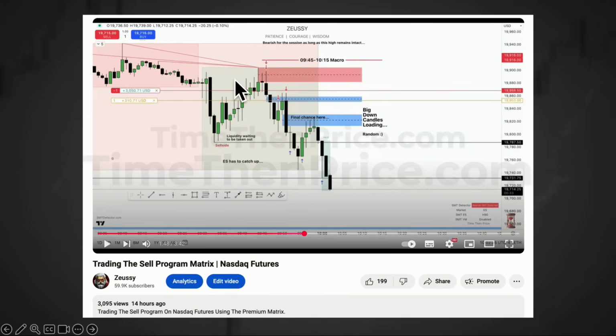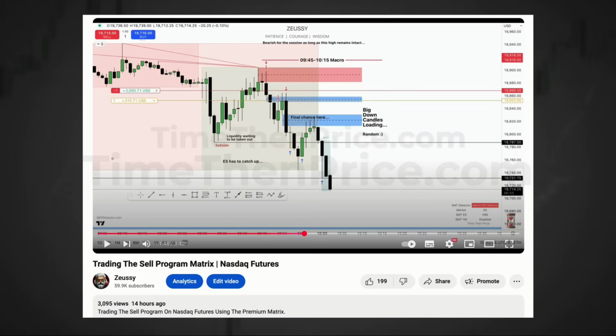Now, when it comes to this delivery right here, the reason why I'm mentioning this is because what you can investigate is SMT relative to time cycles. Meaning, I taught the time cycles to you prior throughout this public mentorship, and I suggest you start paying attention to these time-based liquidity pools through the lens of intermarket relationship.